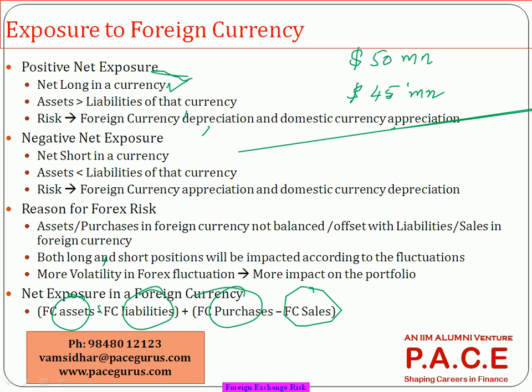Or probably if I import 50 million and again export 50 million, what is the benefit that I am getting there? So that's a scenario where there is a zero risk kind of stuff. You are least bothered about the fluctuation in the foreign currency. If your assets match with liabilities always, but in real world, those things may not happen at all, which means you are taking some level of risk in some form or the other.